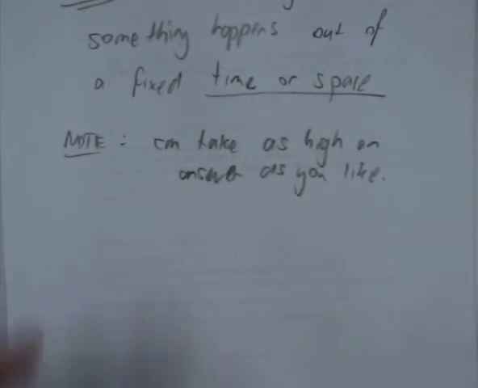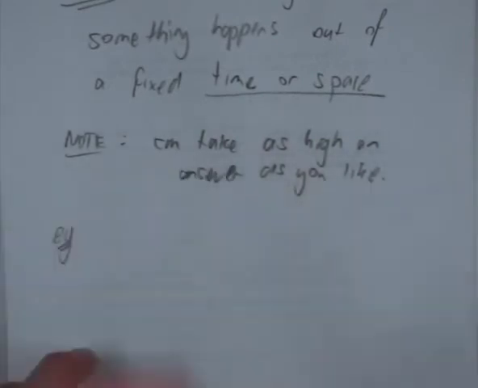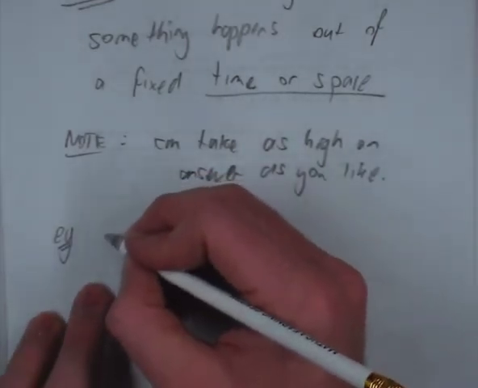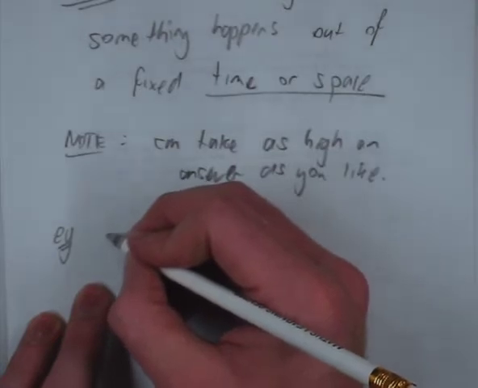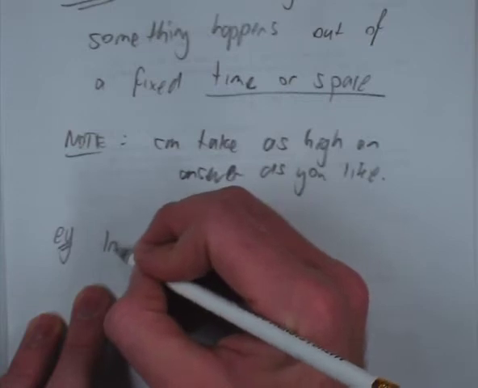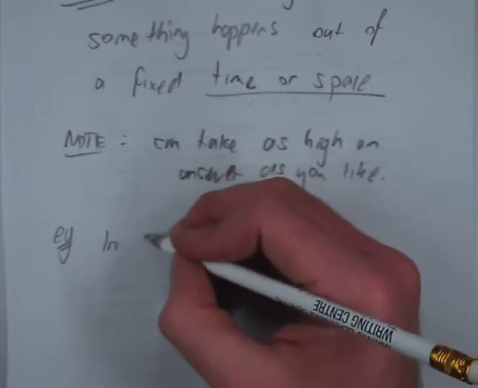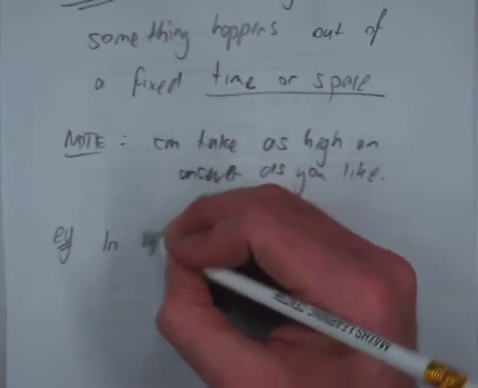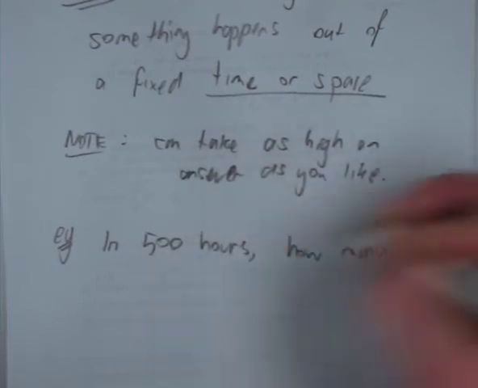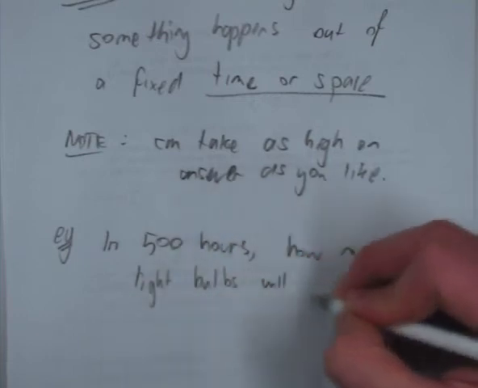Okay? And we have a PDF, so as an example you might have, with the machine part, with the light bulbs, you might say you've got a large number of light bulbs, in 500 hours, how many light bulbs will fail?